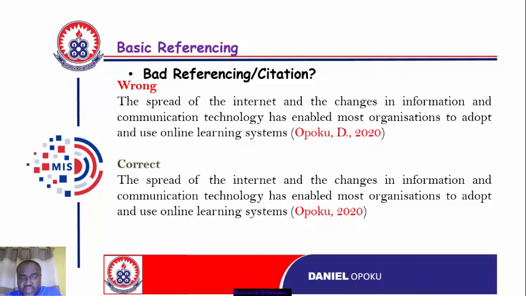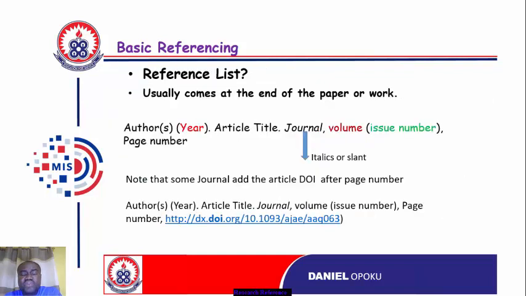Okay, right. Now, when you finish your in-text citation, you have to bring all the references that you cited inside the work to the back of the paper, at the end of your work. That's what you call the reference list, or references, or bibliography. You have a style of writing it.